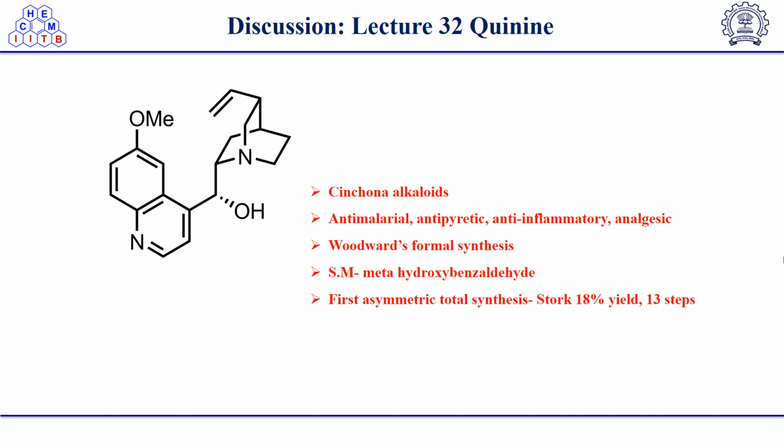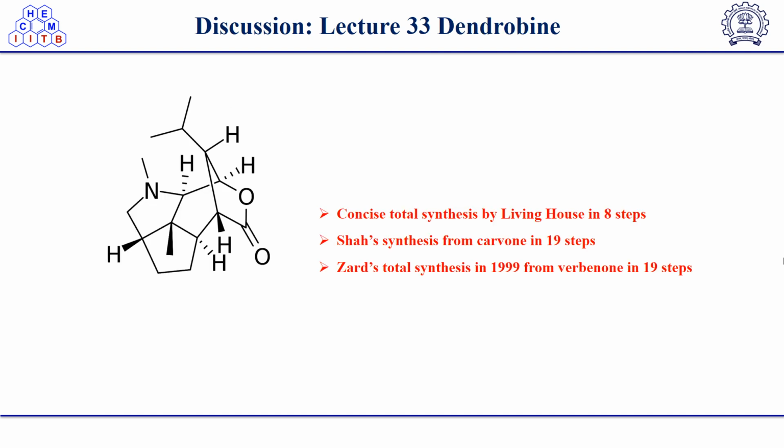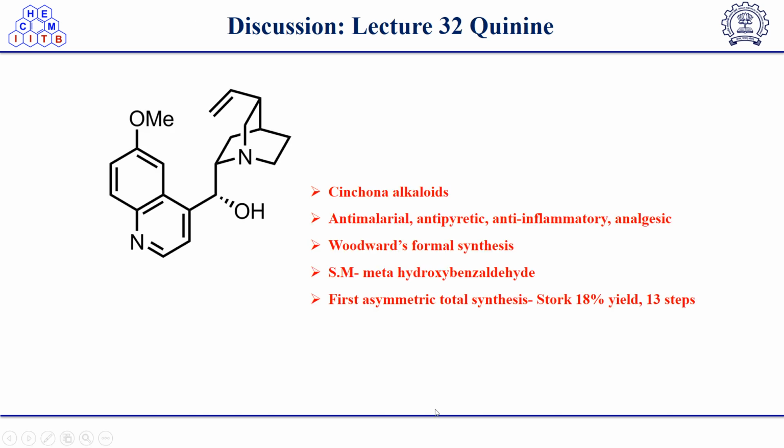Then the structure of quinine was elucidated in 1907 by Paul Rabe, and the first partial synthesis was reported by Paul Rabe himself in 1918. The first formal synthesis was reported by Woodward in 1944, and the first stereoselective total synthesis was reported by Stork in 2001.